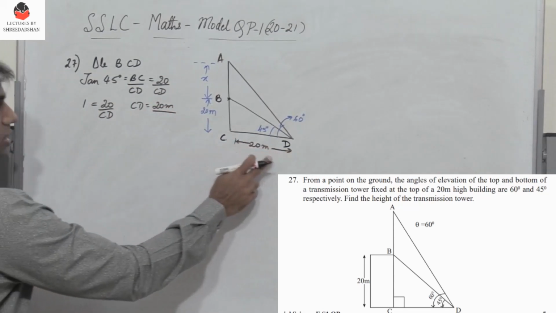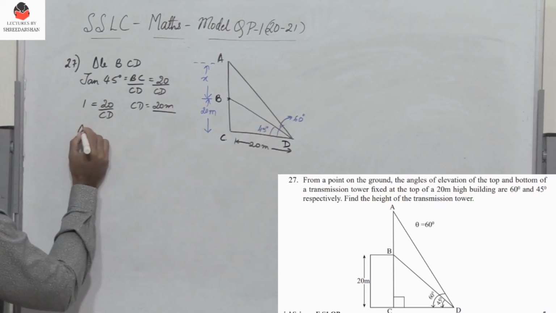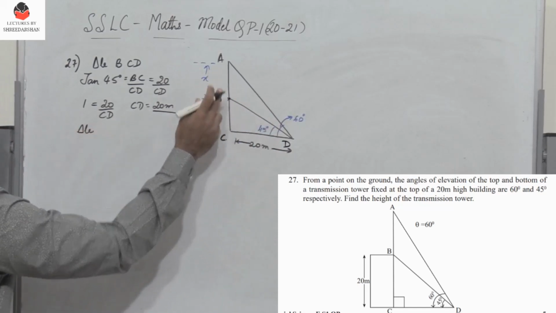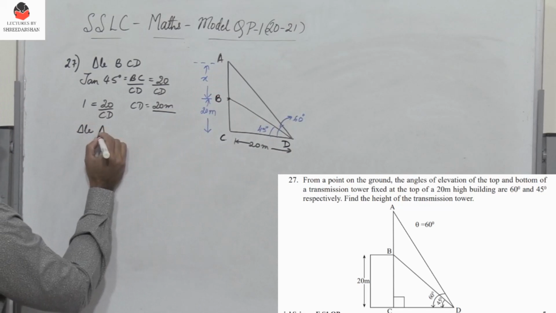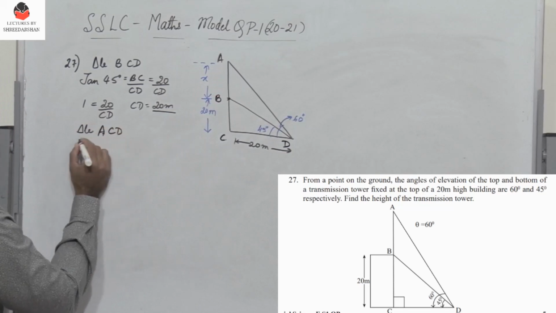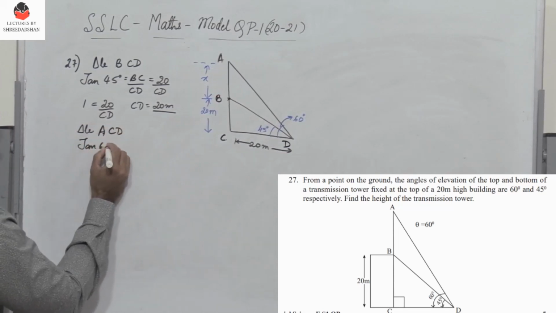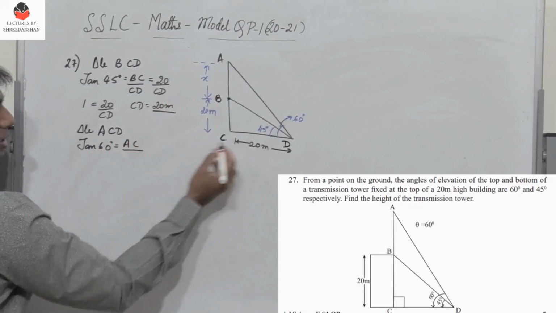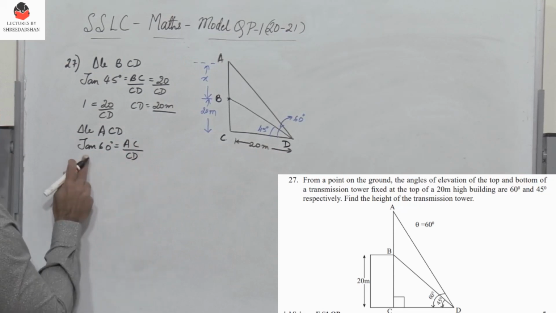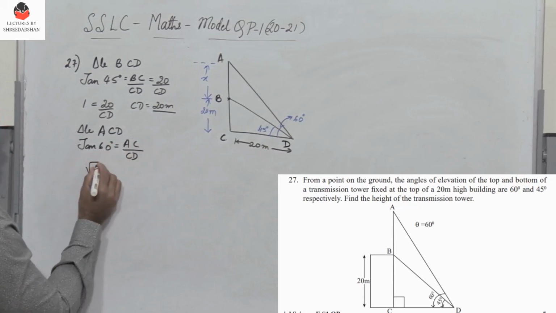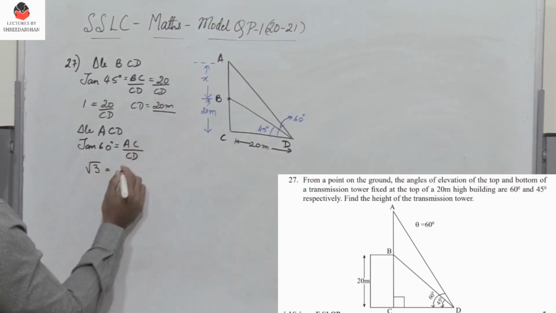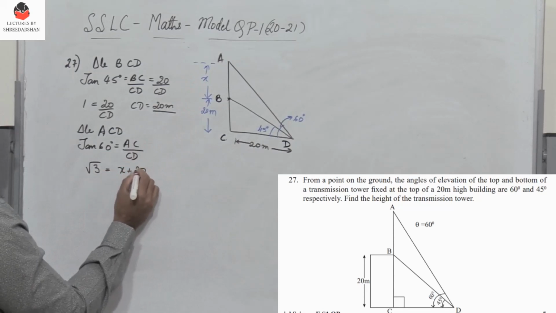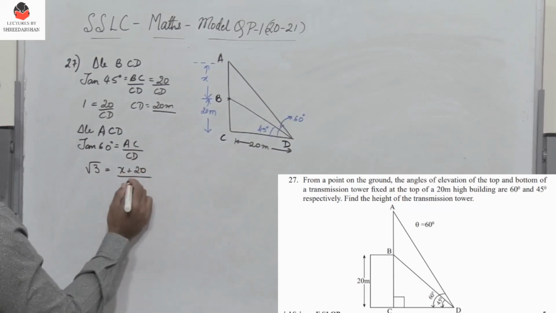So after we find CD, let me apply tan 60 by considering the triangle ACD. So tan 60 is opposite side, which is AC, divided by the adjacent side, which is CD. Now tan 60 is root 3 equals AC, which is x plus 20, divided by CD, which is 20.